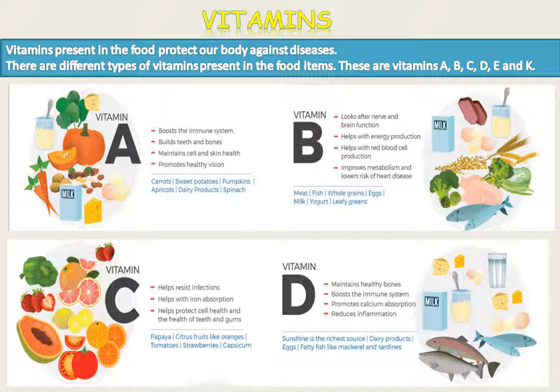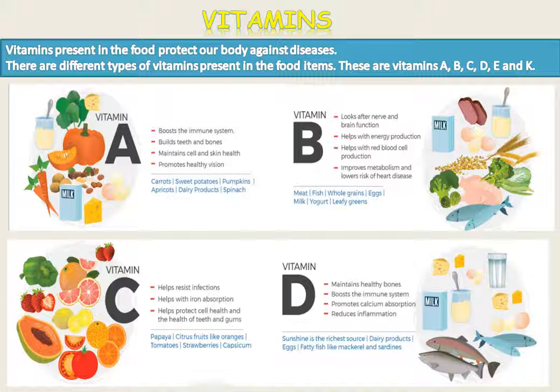Then there are 6 different vitamins present in food items. There are more than that, but in this chapter we will learn the main 6 types of vitamins present in the food items. They are vitamin A, vitamin B, vitamin C, vitamin D, vitamin E, and vitamin K.